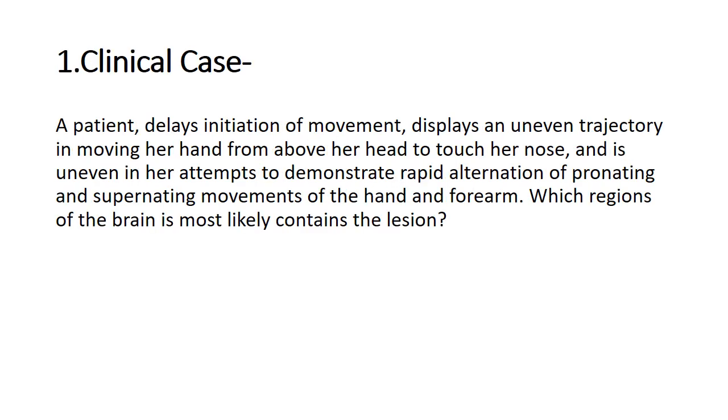So if a patient comes with delayed initiation of the movement, displays an uneven trajectory in moving her hand from above her head to touch her nose, and is uneven in her attempt to demonstrate rapid alternation of pronation and supination movement of the hand and forearm, which region of the brain most likely contains the lesion?